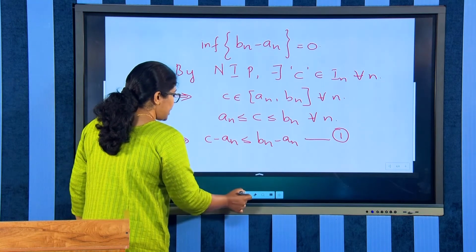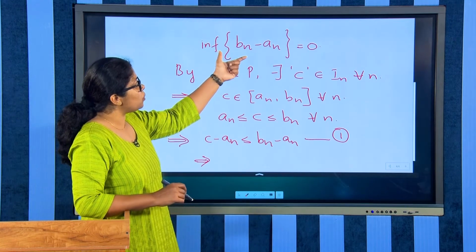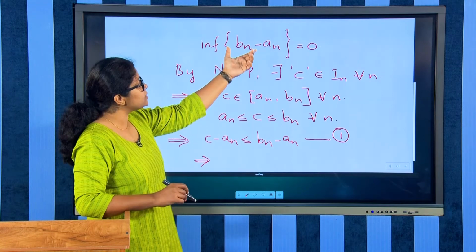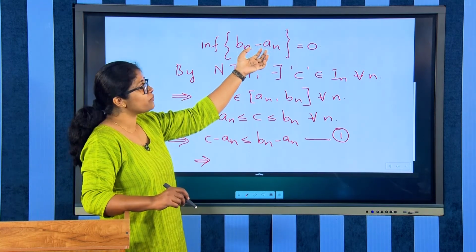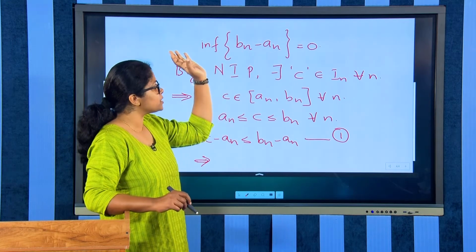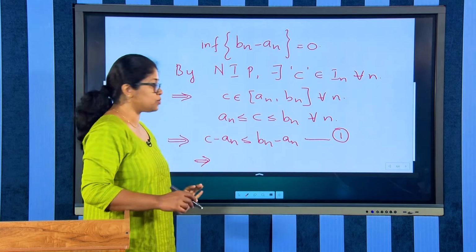So this indicates that as n approaches infinity, this is going to 0. We have seen, because Bn minus An is of the form (b minus a) by 2 power n minus 1, and so C minus An goes to 0 as n tends to infinity.